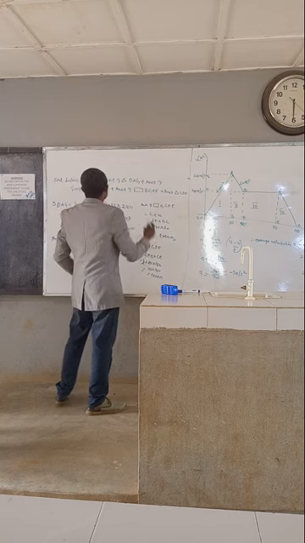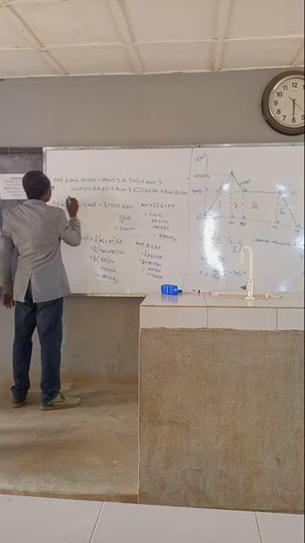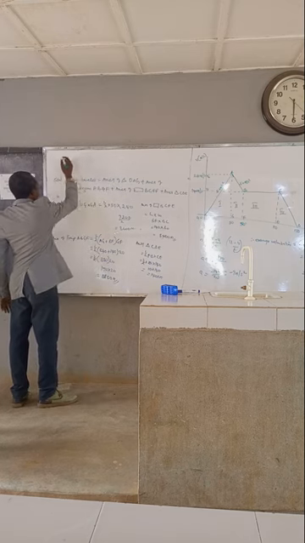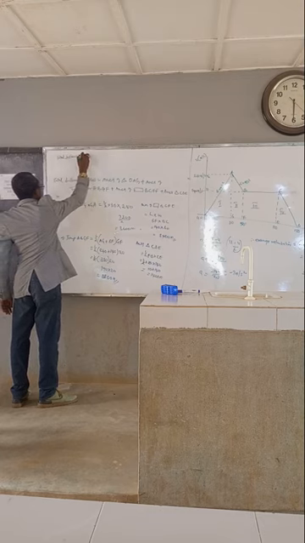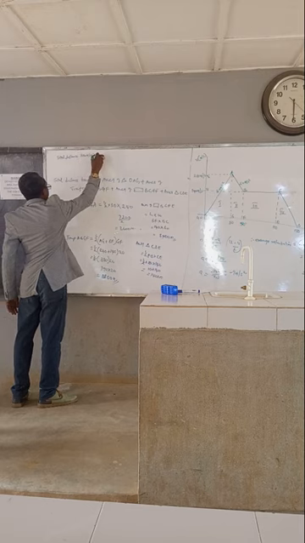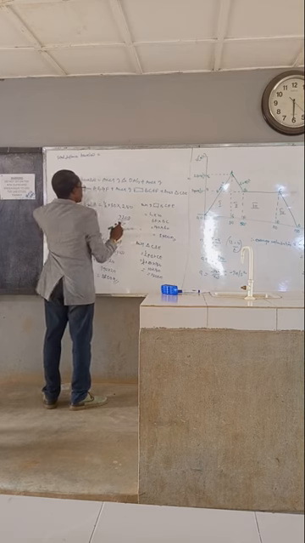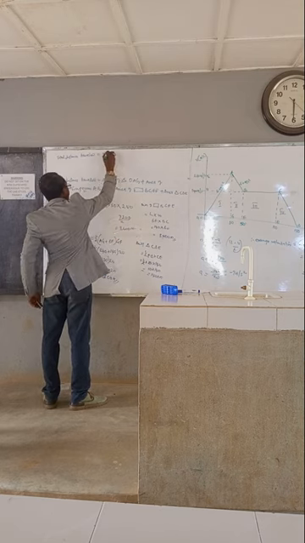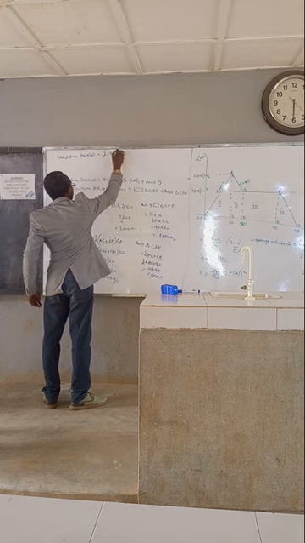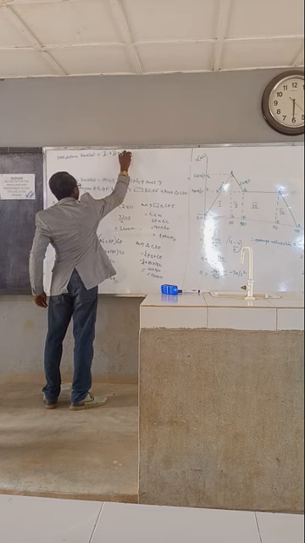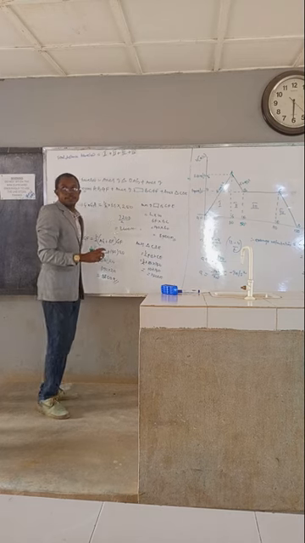So quickly, total distance traveled will now be equal to the sum of the 4 individual distances we are going to have. First of all, 360 from section 1. So plus the other sections.